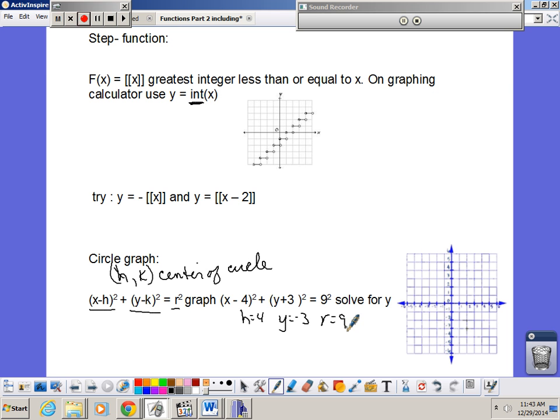So I have to go to (4, -3), and 9 would mean I need to go out 9 in each direction, counting 1, 2, 3, 4, 5, 6, 7, 8, 9, and put my dot. Then I can draw my circle. So I graphed it.